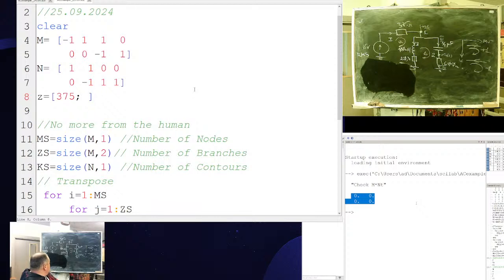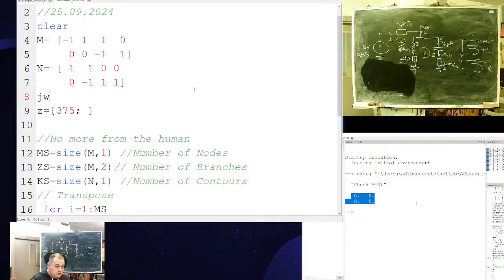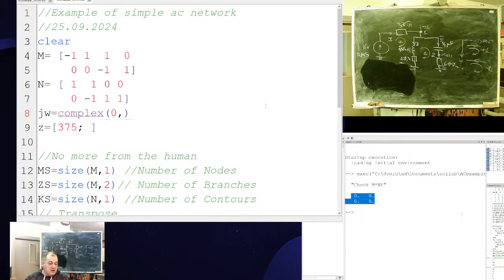And what about the second branch? I have coil and resistance. Watch for the trick. GV equals complex. Complex is a function. Machine, please create me a complex number. The first element is a real part, and the second one is an imaginary part. 2 by pi by f, frequency.